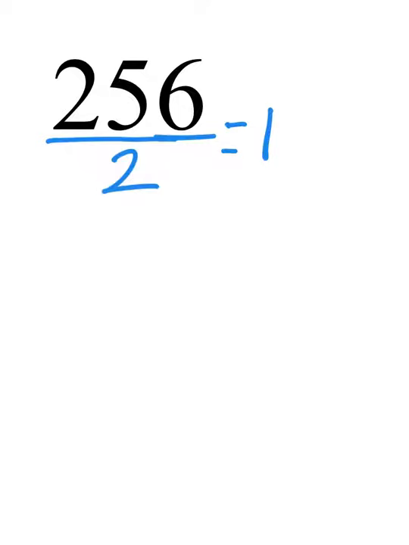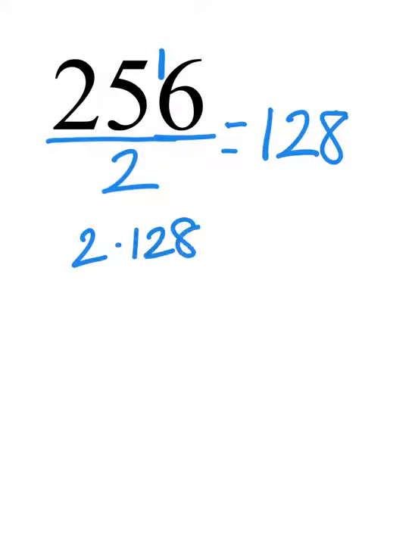Yes, 2 goes into 5 twice. 2 times 2 is 4, but I have 1 left over from the 5. So I'm going to put that 1 right there. Okay. Now, does 2 go into 16? Yes, 2 goes into 16 8 times. Okay, so far I've got that 256 is 2 times 128.